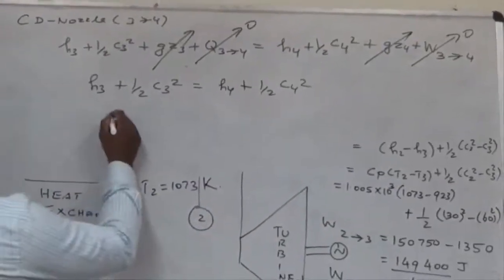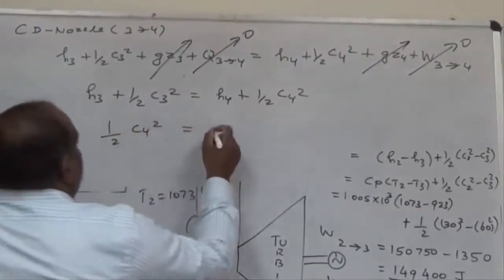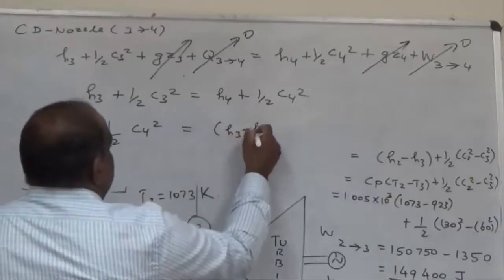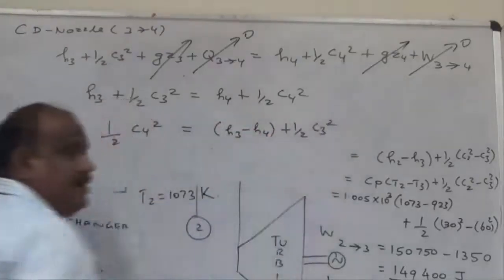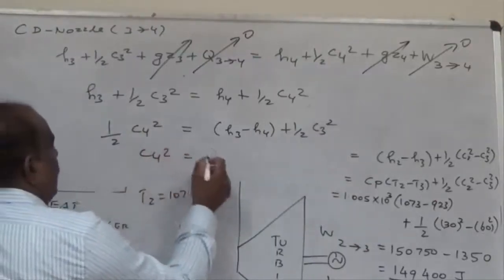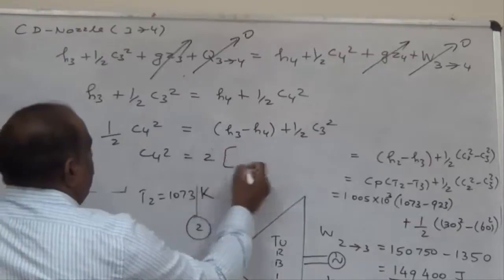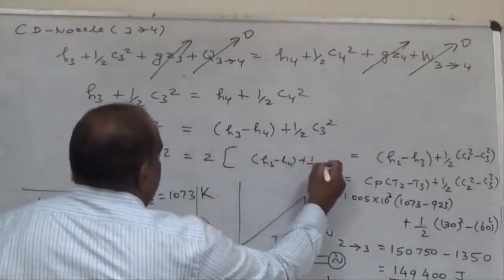Otherwise I will write here half C4 squared is equal to H3 minus H4 plus half C3 squared, isn't it? Or C4 squared is equal to 2 times H3 minus H4 plus half C3 squared.